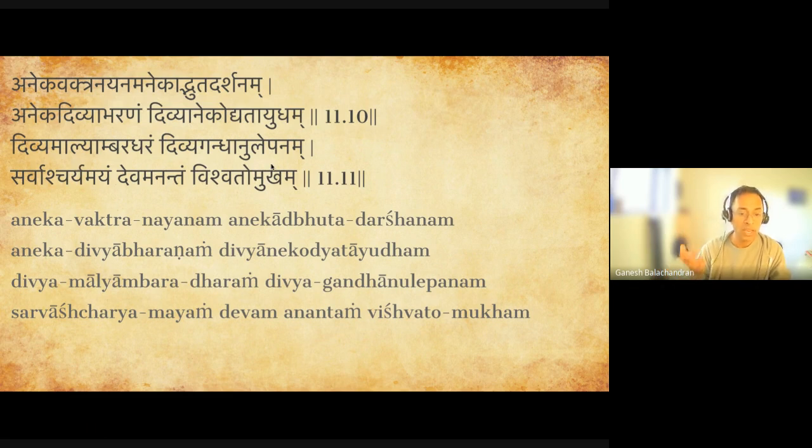Anekavaktranayanam, Anekatbhutadarshanam, Anekadivyabharanam, Divyanekotyatayudam, Divyamalyambharadaram, Divyagandhanulepanam, Sarvashcharyamayam Devam Anantam Vishwato Mukham. So these two shlokas are not in Trishtuk meter, but you have to combine them because it's a continuation.